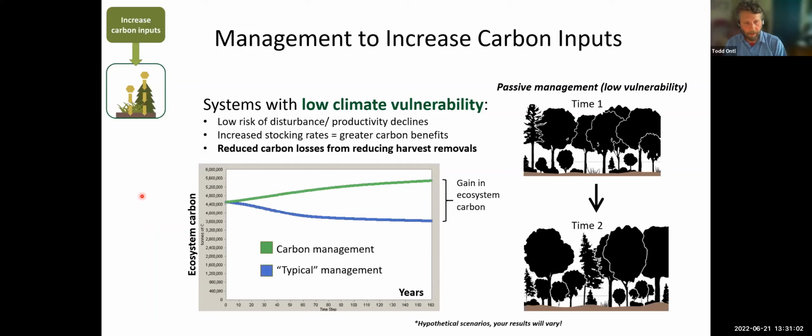Well, I think the easiest place to start is to think about systems with low vulnerability to those climate change impacts, where there's low risk of disturbance, low risk of tree mortality or tree productivity declines. There are ways that we can look to increase stocking rates, and by increasing stocking rates, we're getting greater carbon benefits. One of the ways to reduce carbon losses is to reduce harvest removals.